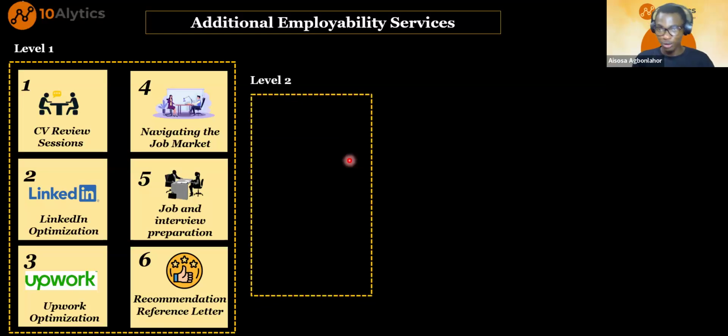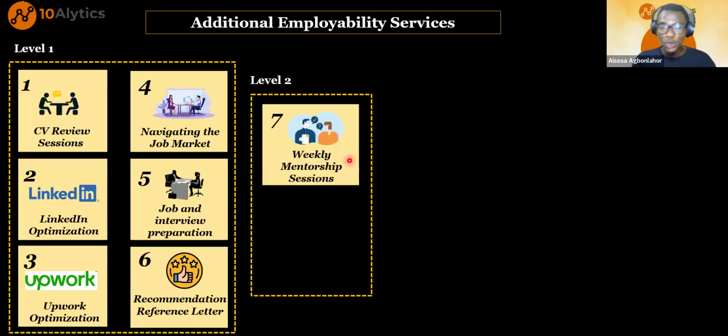What is level 2? In level 2, we have the weekly mentorship sessions. You've been applying for jobs, you've been getting rejections. You've been applying for jobs, you've not even been getting rejections. You are literally getting nothing.